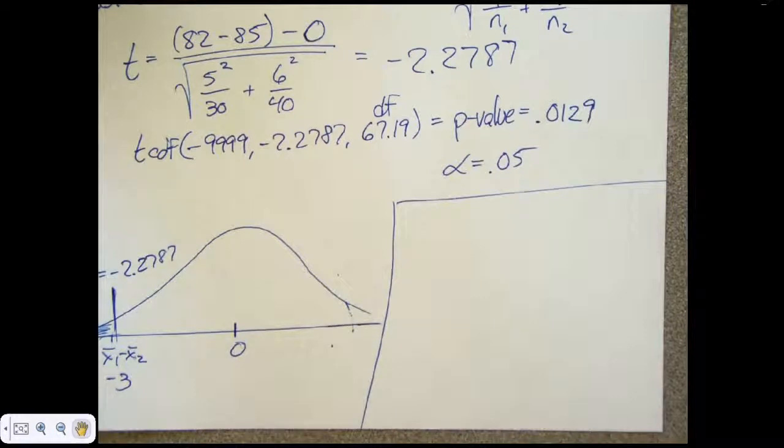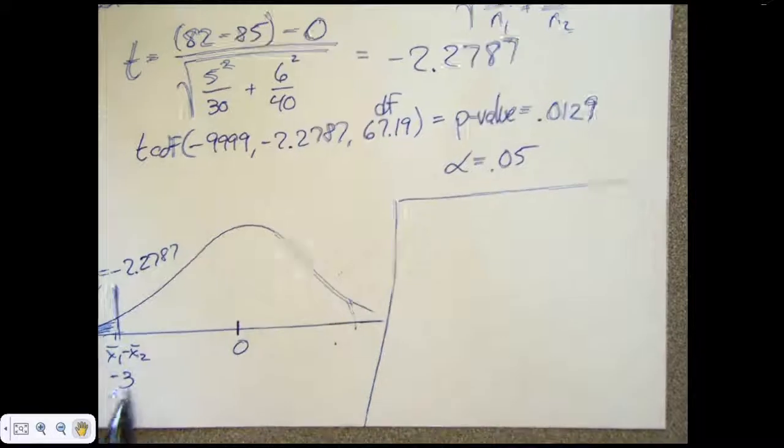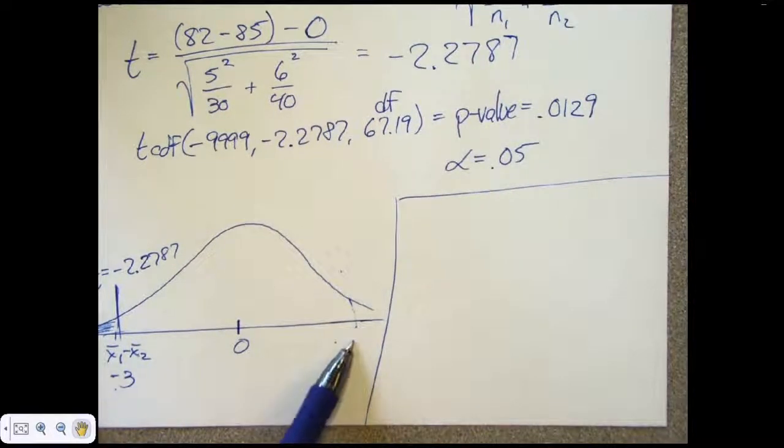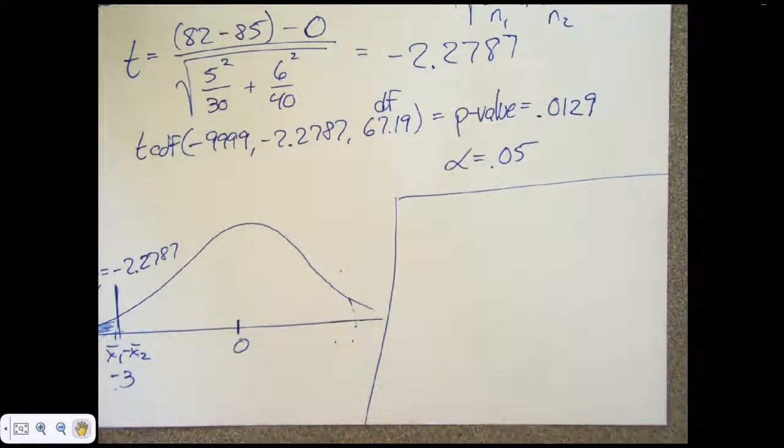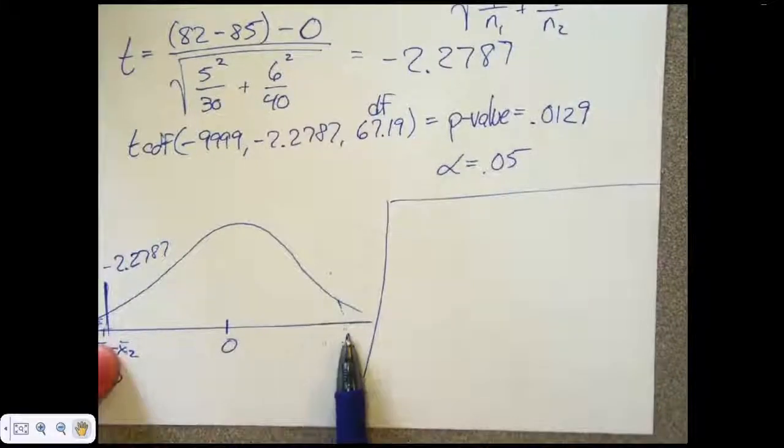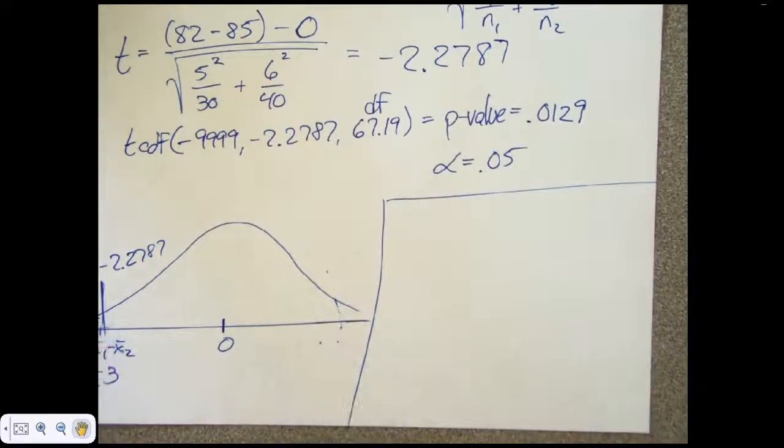Or you could put x bar 2 minus x bar 1, which would make it positive. Or you could take this negative number over here and just put the positive version of it over here. They just want some sort of indication that you understand it's symmetrical. We're good. Okay. Any other questions?